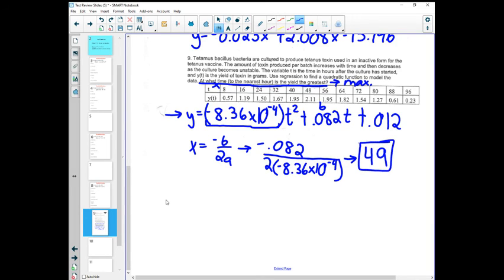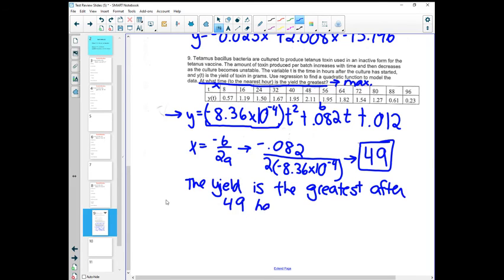And that is your answer. At what time to the nearest hour is the yield the greatest? The yield is the greatest after 49 hours.